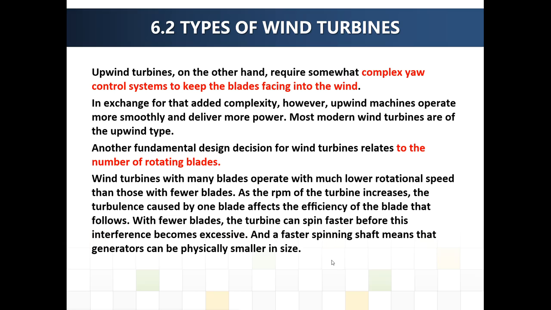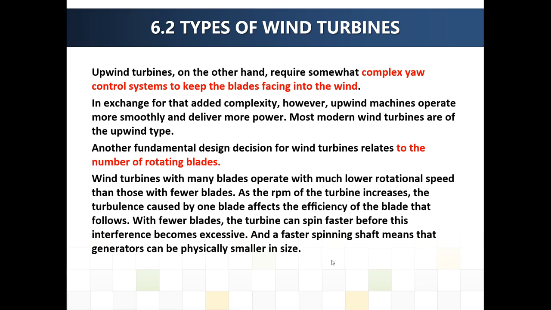Another fundamental design decision for the wind turbine relates to the number of rotating blades. Wind turbines with many blades operate at a much lower rotating speed than those with fewer blades. As the RPM, rotations per minute, of the turbine increases, the turbulence caused by one blade affects the efficiency of the blade that follows.